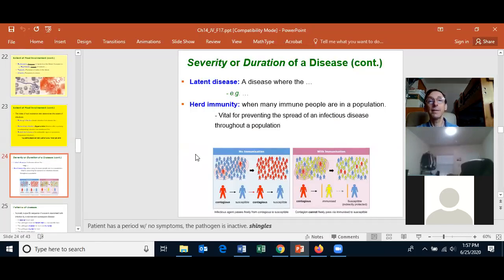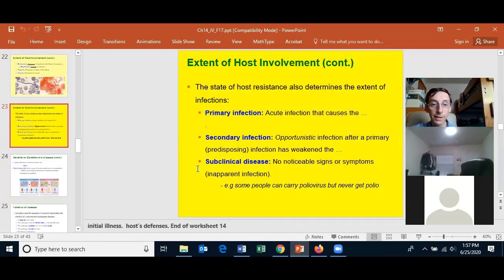So when we're talking about severity or duration of the disease, it's important to discuss what is a latent disease and compare that to an asymptomatic disease or a subclinical disease. With asymptomatic or subclinical disease, the patient has no signs or symptoms.